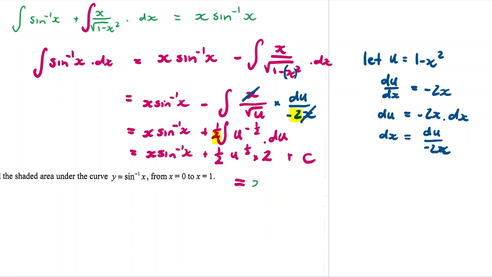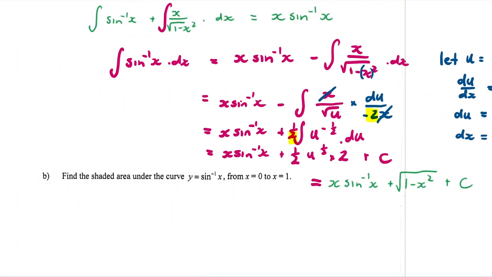So x inverse sine of x, and the half plus 2, just 1, gone. And the u, we're changing into 1 minus x squared. Because it's a power of a half, it will have a square root sign over it, plus c. That one was a good one, wasn't it? Not quite as easy as those other ones.